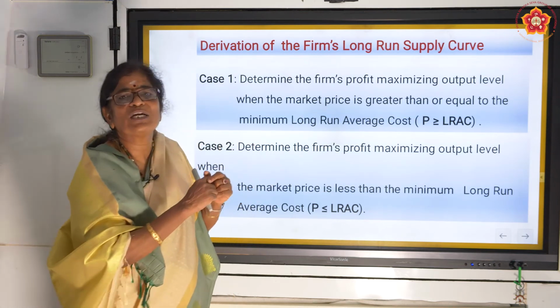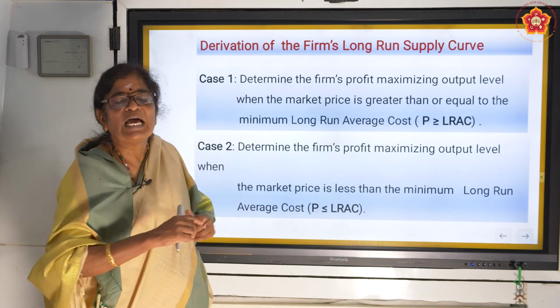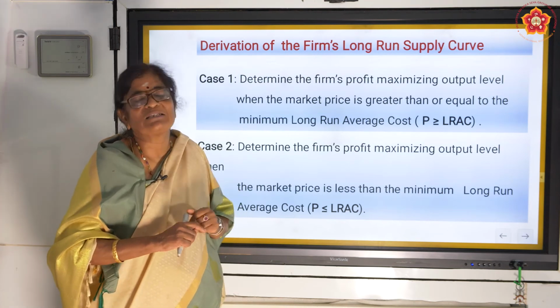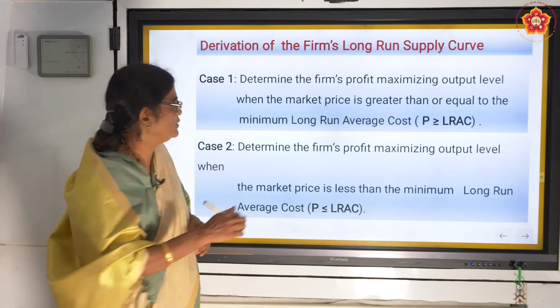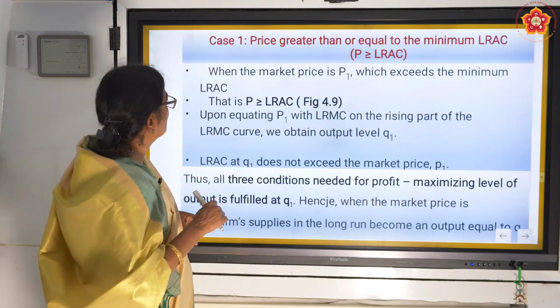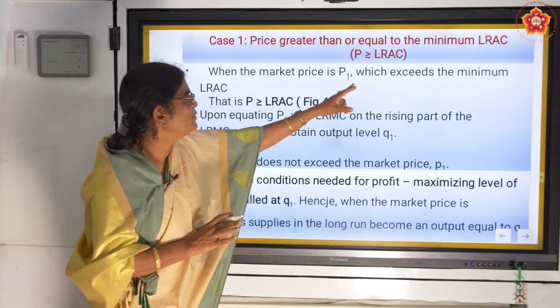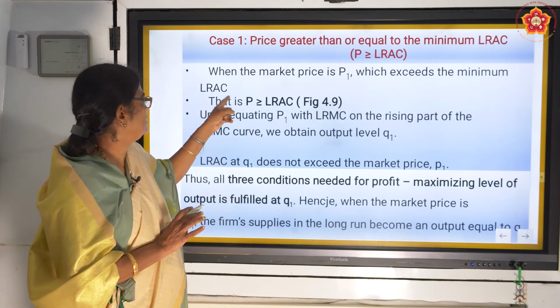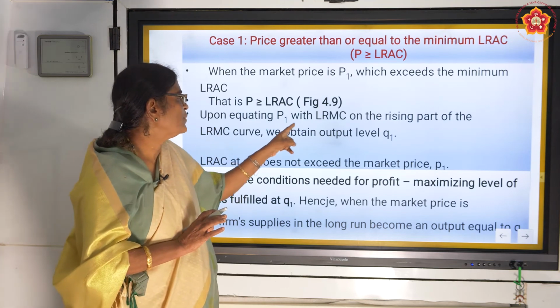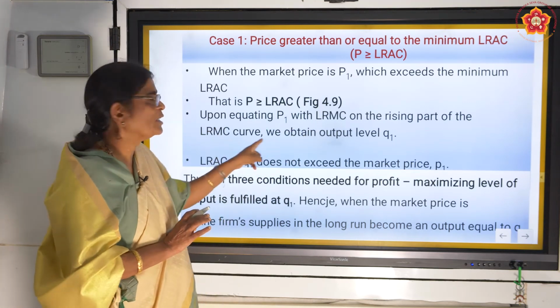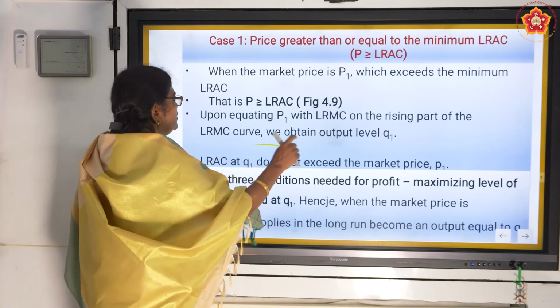Then we will combine both the positive level of output and the zero level of output, and derive the supply curve for the long run firm, similar to the short run. Now, when the market price is P1, which exceeds the minimum LRAC, that is P greater than LRAC, upon equating P1 with LRMC on the rising part of the LRMC, you get the level of output Q1.